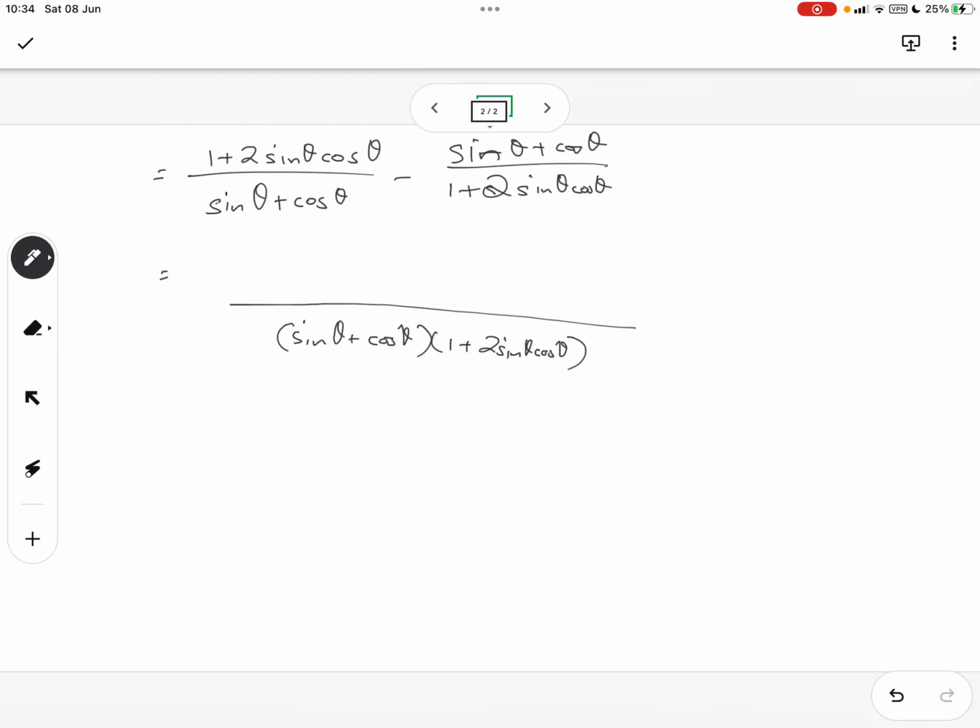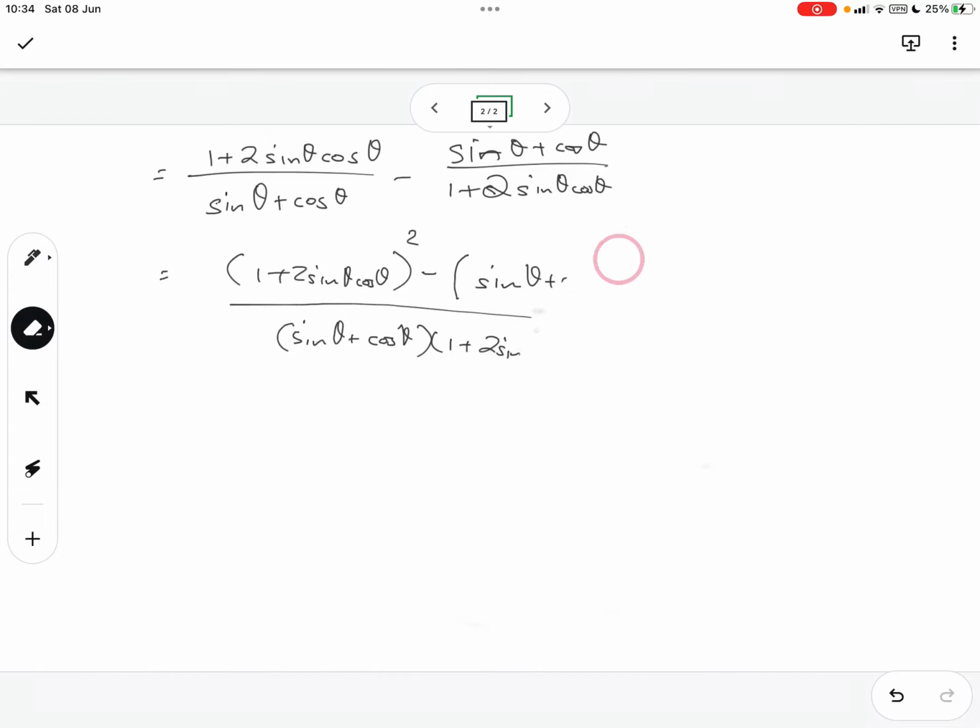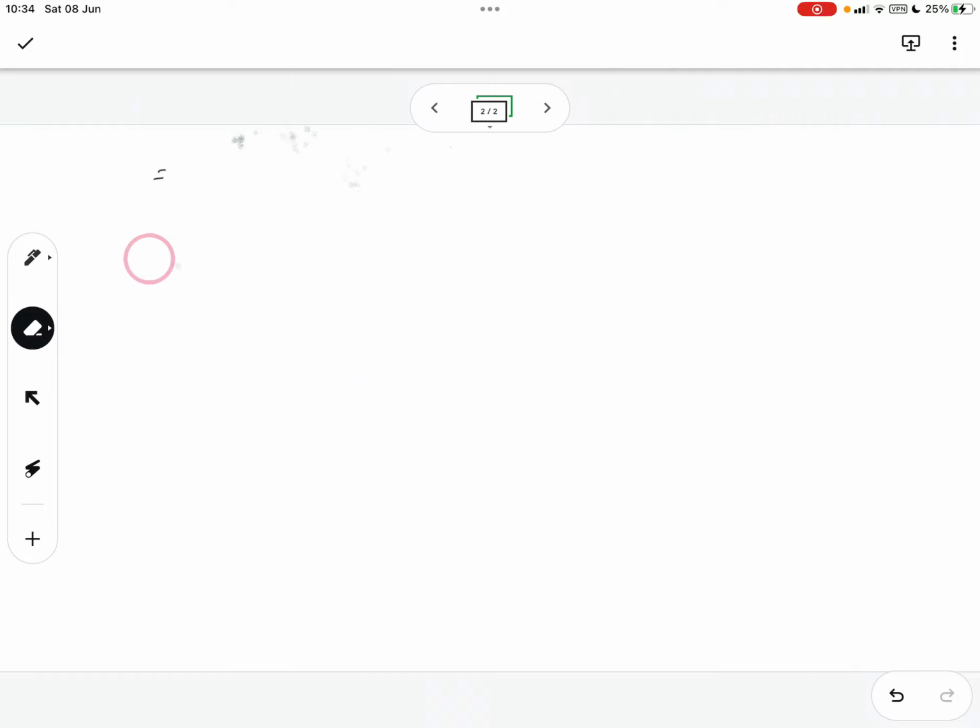If we add these, this would be sine theta plus cos theta, 1 plus 2 sine theta cos theta. So that goes into that once, and this goes into that once, and this is sine theta plus cos theta squared.